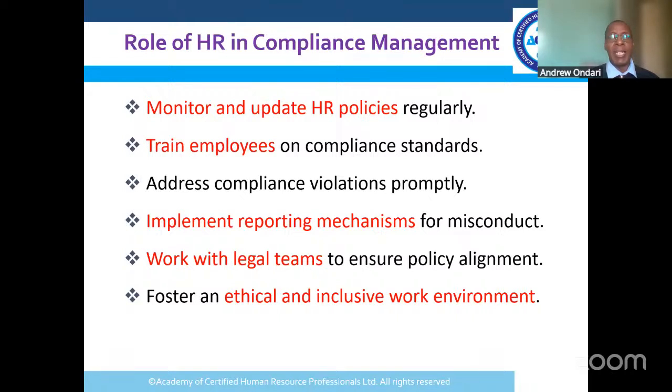You remember we said at the beginning that there are several types of compliance. One, functional compliance. Two, legal compliance. Three, strategic compliance.